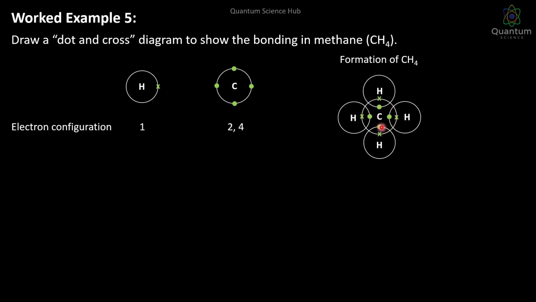And carbon will have 4 from itself, 5, 6, 7, and 8. So carbon will also become complete, with a full valence shell at the second shell. So all the elements in CH4 are already stable. And it is a single bond, so in here we draw one line, okay? It represents a single bond between carbon and hydrogen atoms.